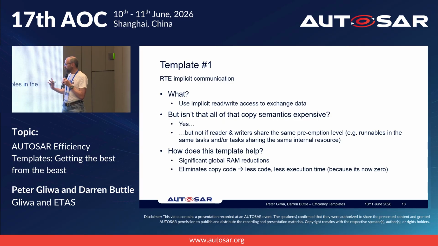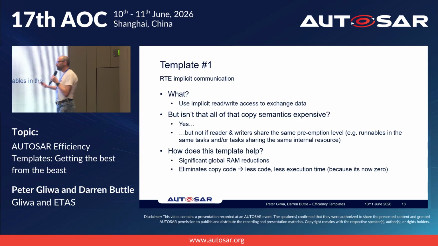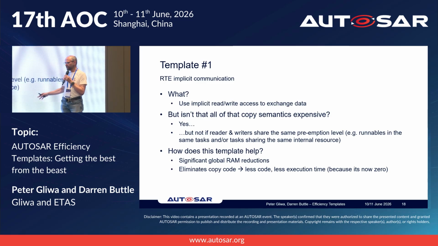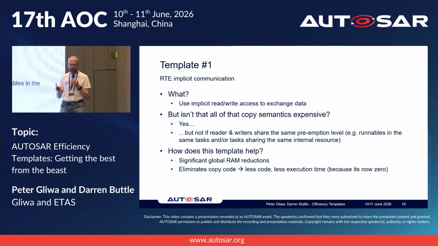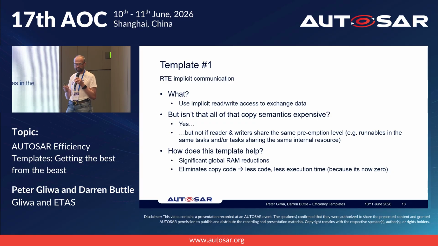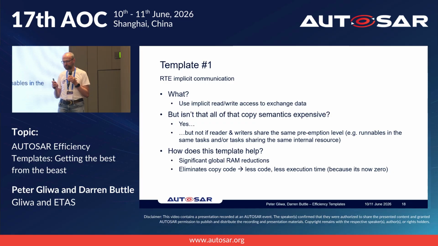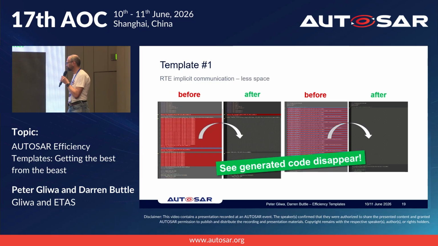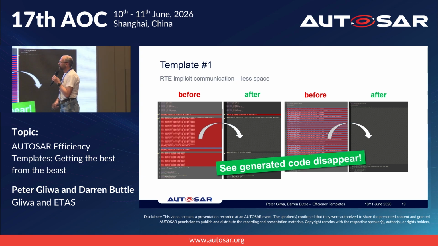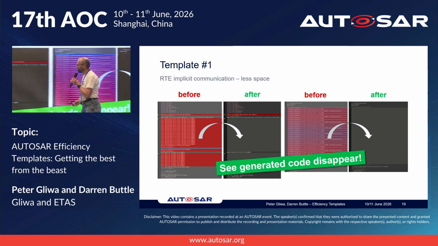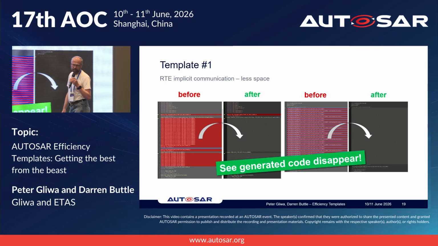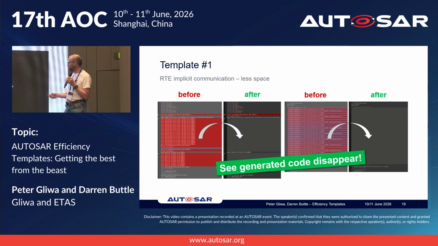The way this helps is if you use this model in the RTE, you can save significant amounts of global data RAM and significant amounts of code. How big is this? Let's take an example. Here we've got the copies on the left hand side.